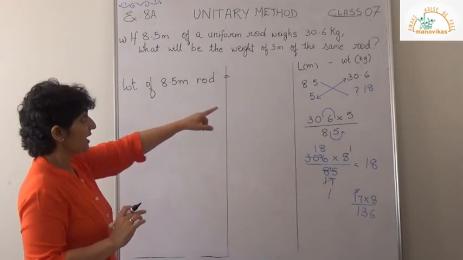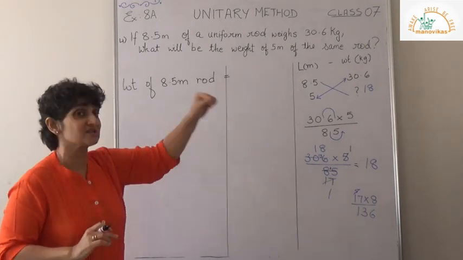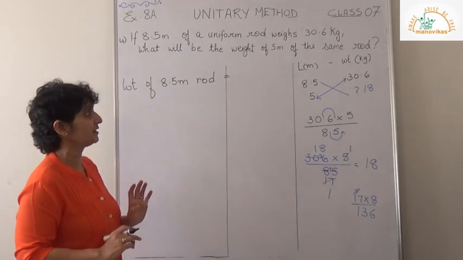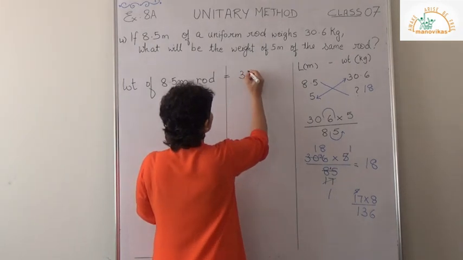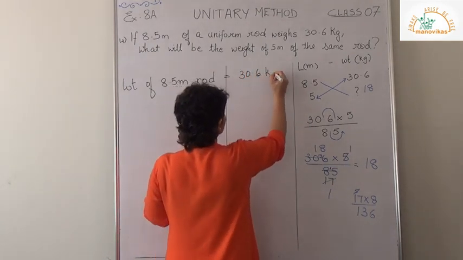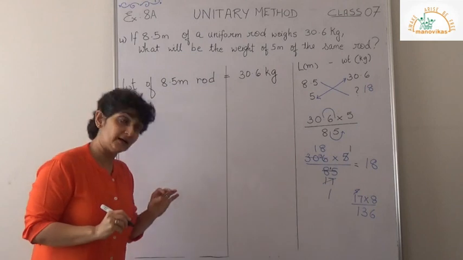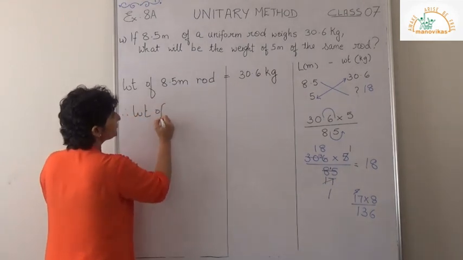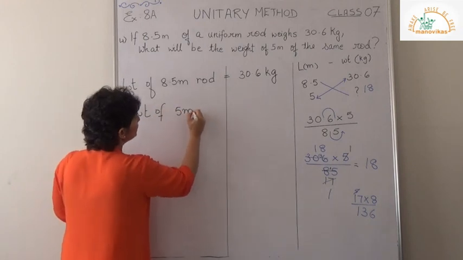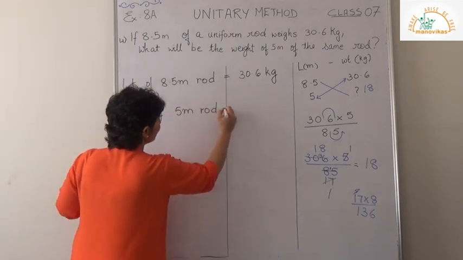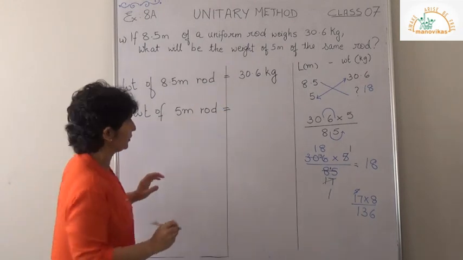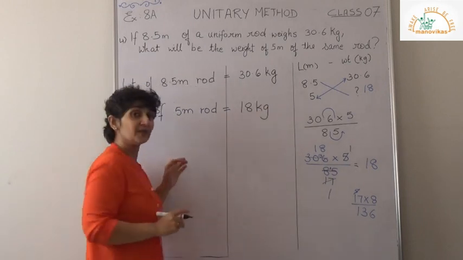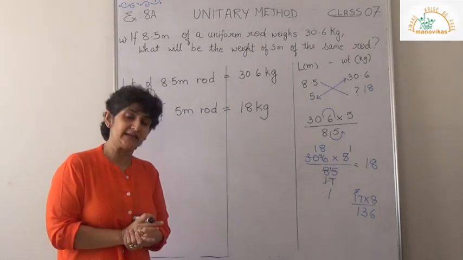We can make it short. I begin with weight because I am finding out the weight. So weight of 8.5 meter rod, that is 30.6 kg. Clear? Therefore, weight of 5 meter rod. We have already solved in our rough column. So this becomes 18 kg. Is it clear?